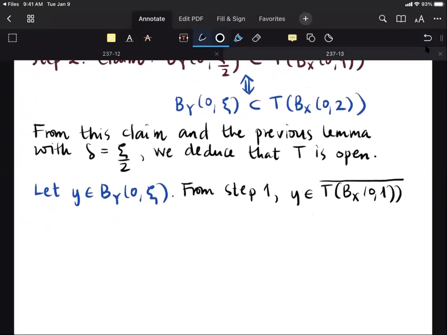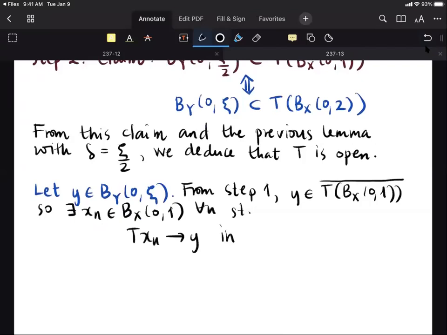Hence, we can find an xn in the open ball for all n, such that the image tends to y in the topology of y as n goes to infinity.